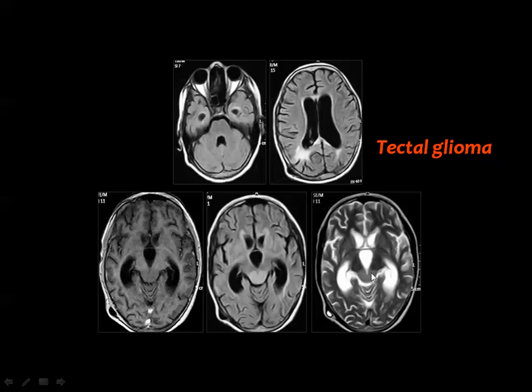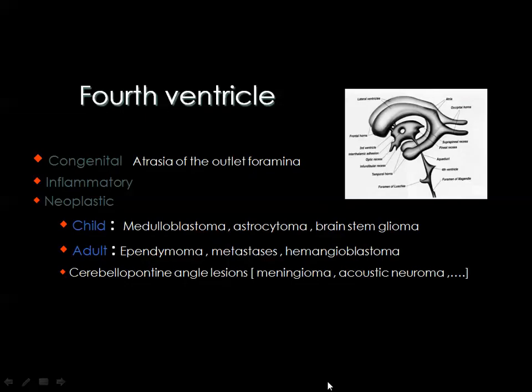Then this glioma is difficult to be diagnosed by CT. Then if you are confronted by a case of late onset aqueductal stenosis, you should have MRI looking for this particular lesion. Of course, you may see it, or the patient may not have a tectal plate glioma and may have other causes for aqueductal stenosis.